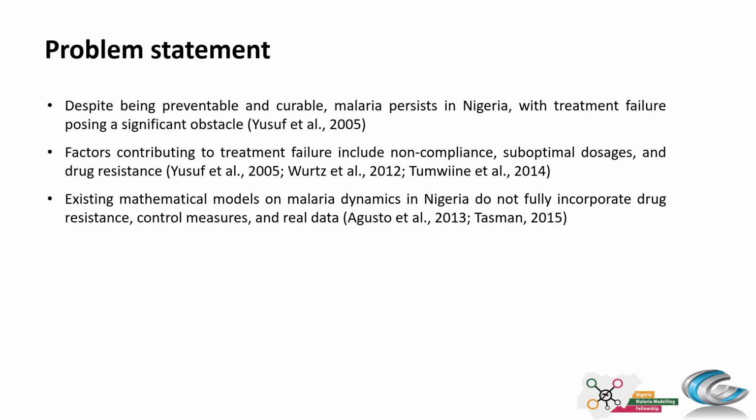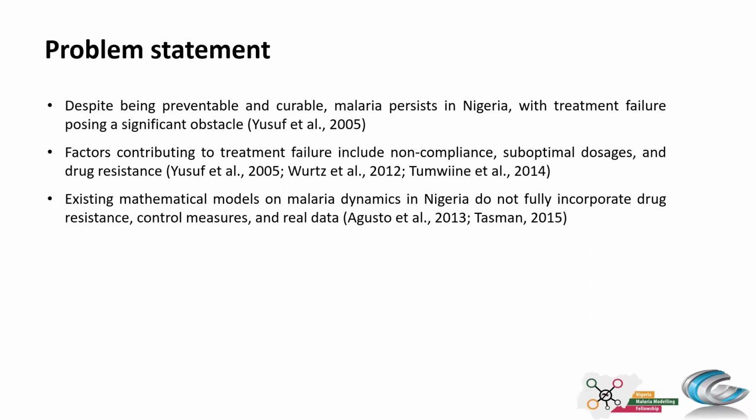Globally, in recent times, there have been increasing reports of treatment failure, and this has been a major obstacle in the journey towards malaria elimination. Treatment failure could be caused by non-compliance to the dosage regimen and also suboptimal dosages.